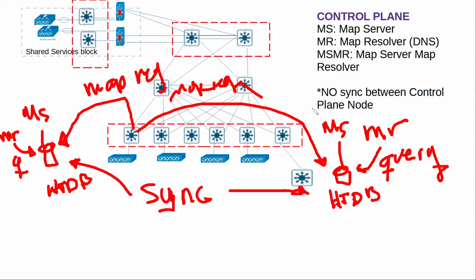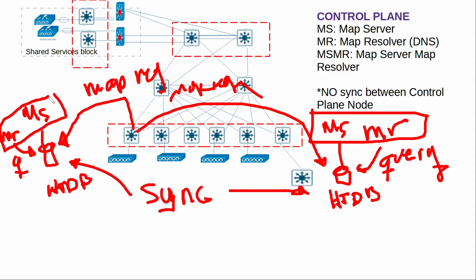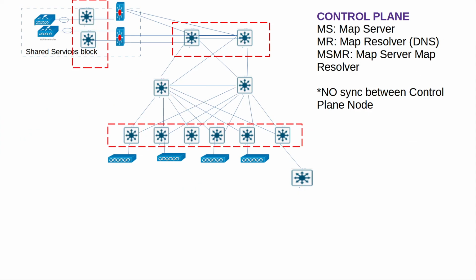If I put these two activities in the same device, I'm going to create an MSMR, a map server map resolver. In the case of Cisco's fabric, the control plane node will be my map server map resolver.